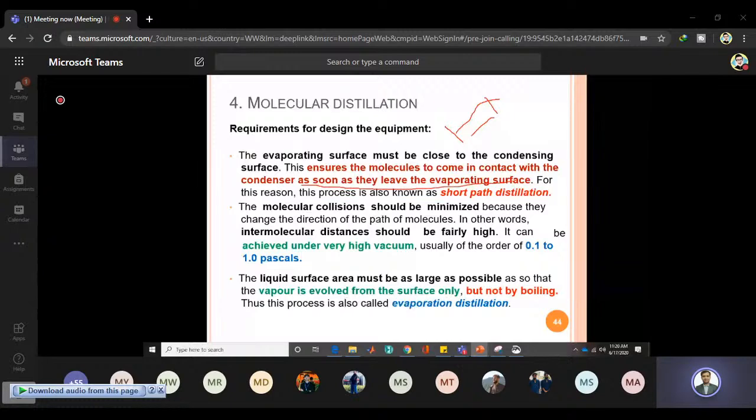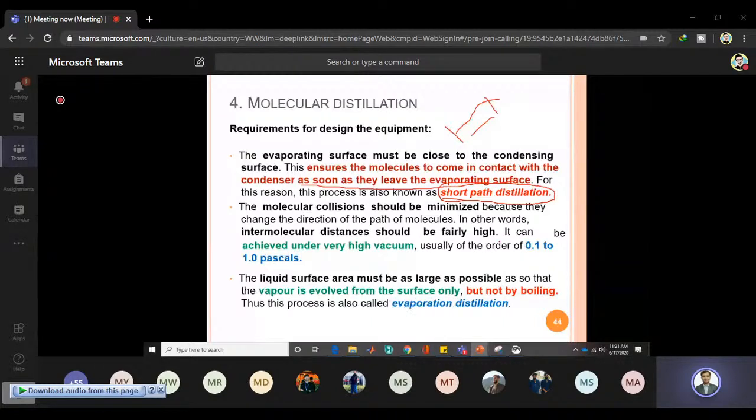The molecular collisions should be minimized because they change the direction of the path of the molecules. In other words, intermolecular distances should be fairly high. It can be achieved under a very high vacuum, usually from 0.1 to 1 pascals, which is of course very low.